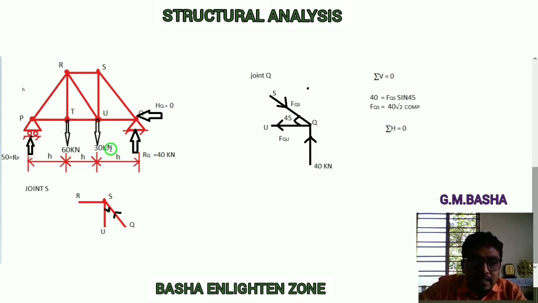Because theta equals opposite by adjacent side. Same procedure, tan theta equals 1, you will get theta equal to 45 degrees. Then I am assuming the nature of these two forces, the force in the members SR and SU. Just assuming simply, this one will be compression and this one will be tension.